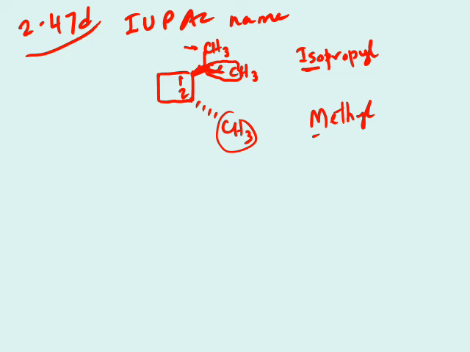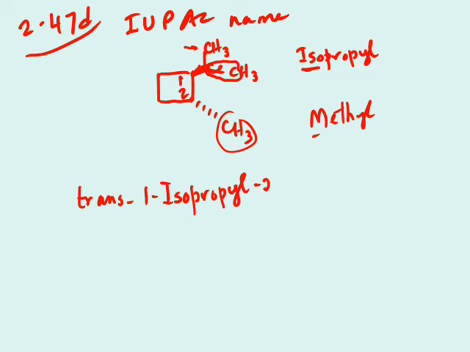Now, we also know this is trans because one group is toward you, the other one is away from you. So I'm going to write down now trans, and then there is a dash, and then 1-isopropyl with capital I, because we are beginning that name. So 1-isopropyl, in the second position is methyl.